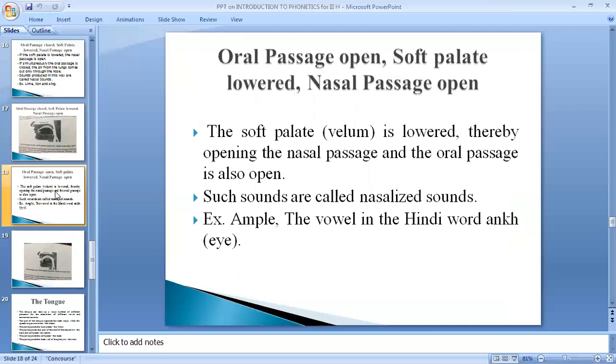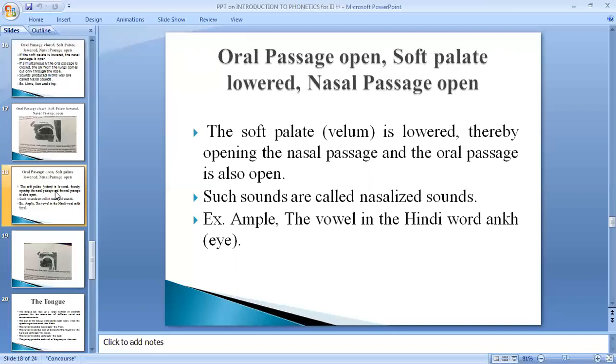Next, there are some sounds during the articulation of which the air escapes simultaneously through the nose and the mouth. That is, the soft palate is lowered, thereby opening the nasal passage, and the oral passage is also open.